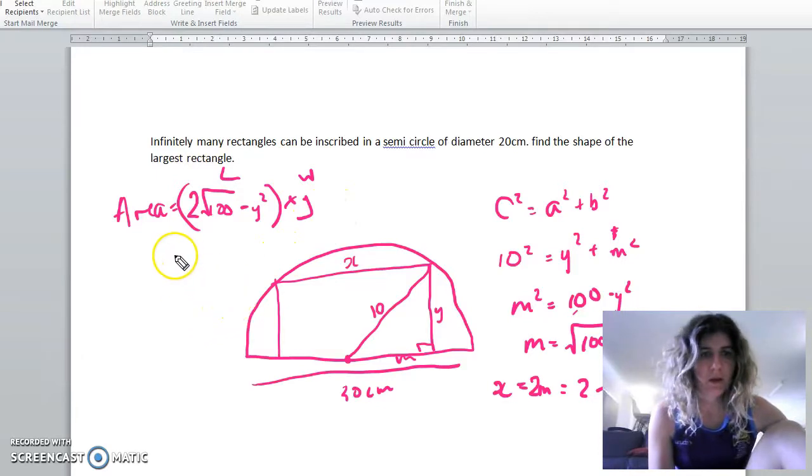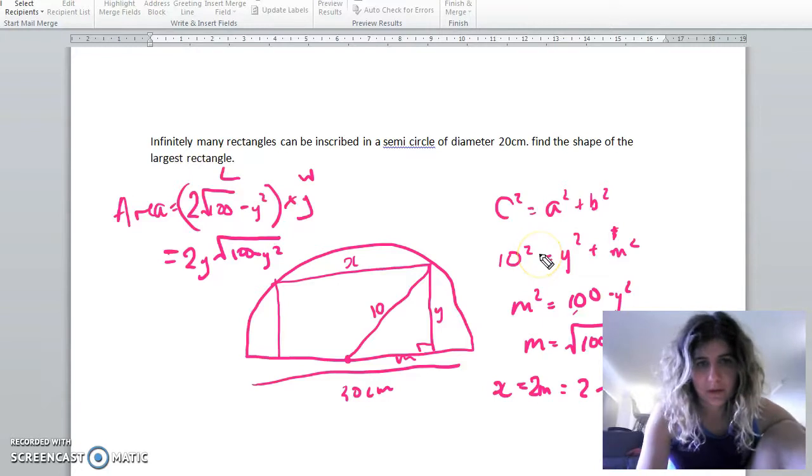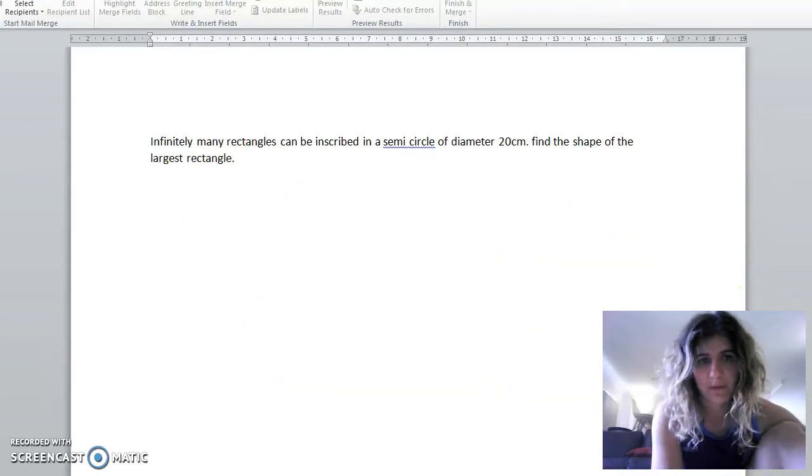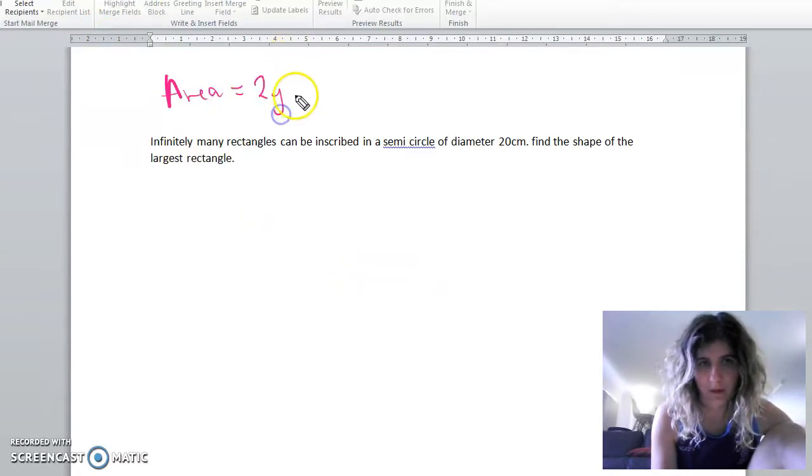Okay, and we can simplify that to say that's going to be 2y square root 100 minus y squared, like that. Alright, I'm just going to clear this screen and rewrite that. So area equals 2y square root 100 minus y squared.